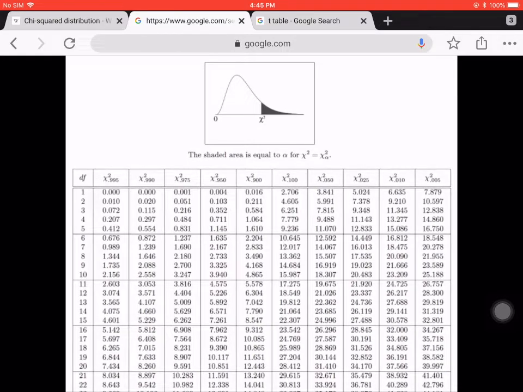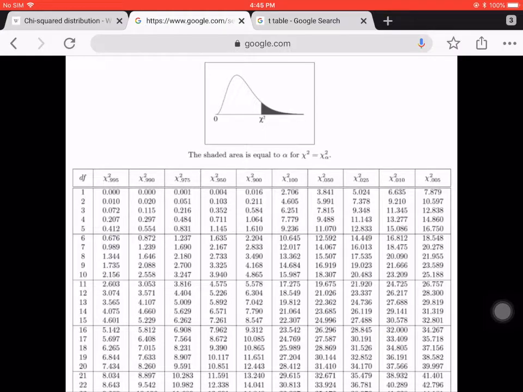As you can see from the graph, it's a continuous curve. Basically, it's the PDF of a chi-square distribution, and the shaded area is the area of interest. For example, if you want this area to be 0.05, then you can find the corresponding cutoff value.